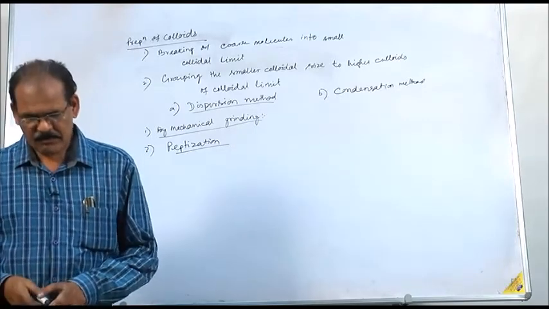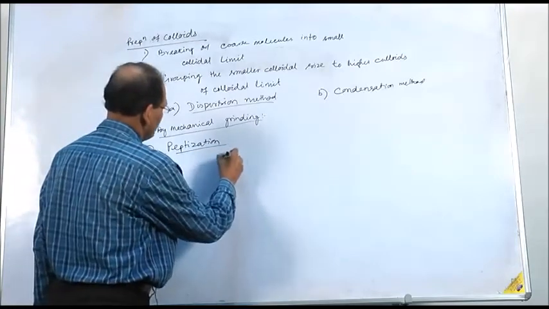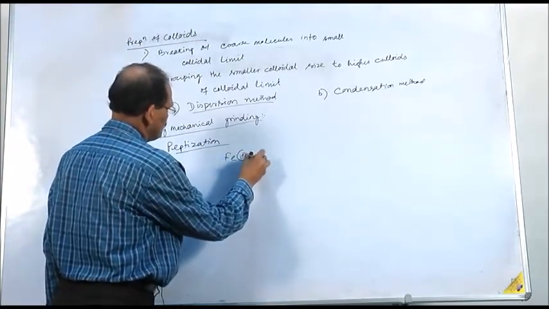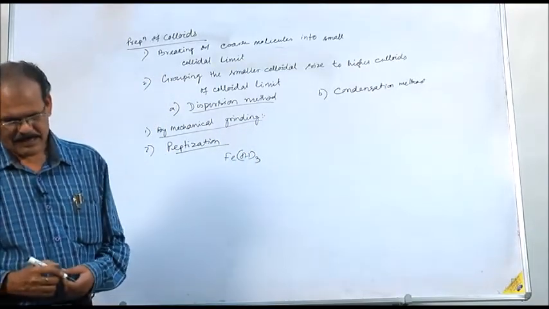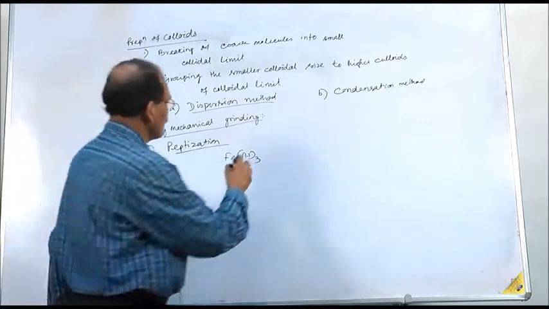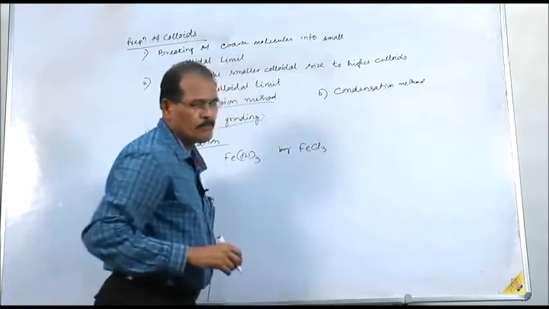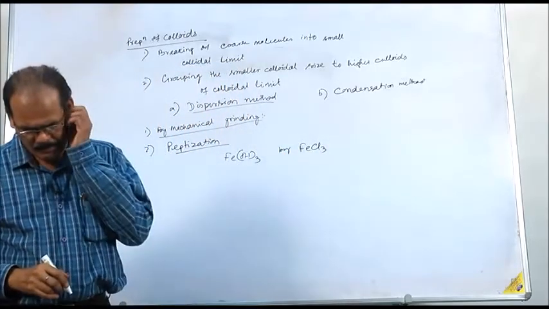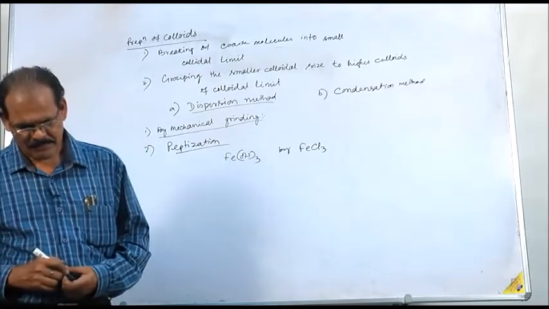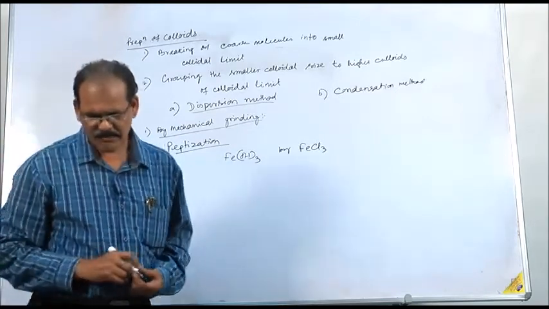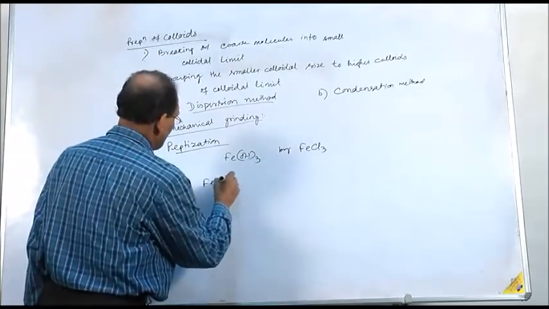For example, freshly prepared ferric hydroxide can be peptized by dilute ferric chloride. Ferric chloride solution is added to it, forming a brown precipitate, and excess of ferric chloride can be removed by dialysis.